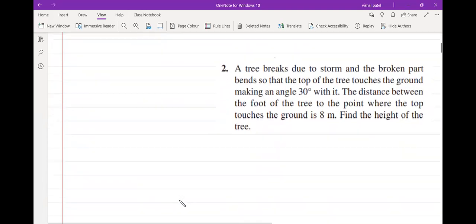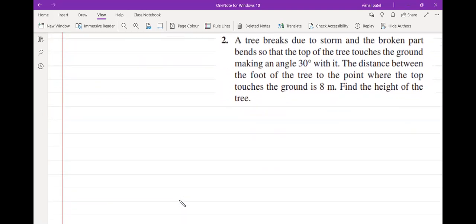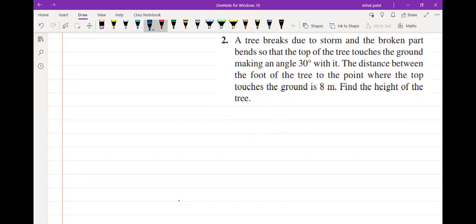Now they have not given the figure. Students, I want all of you to read the figure. Okay, read the figure and try to visualize the diagram. Chalo. Try to visualize the diagram.